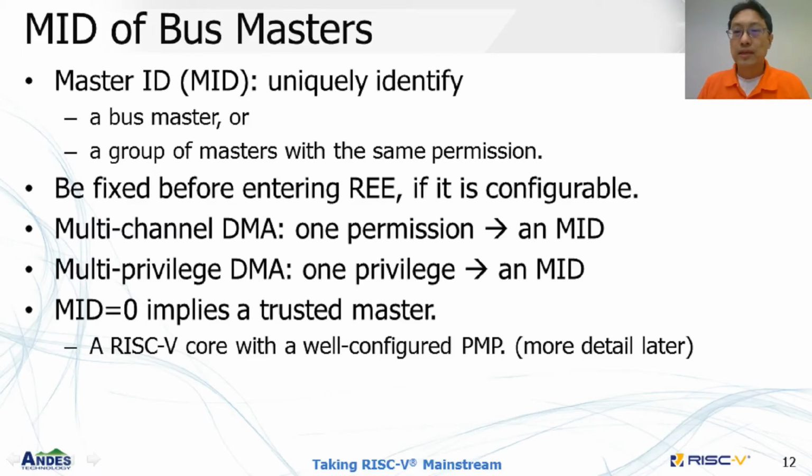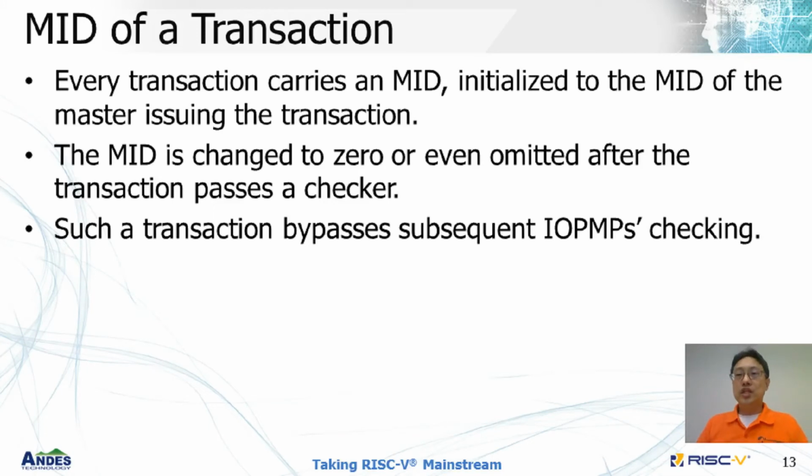Besides, we use a zero MID to represent a trusted master. If a RISC-V hart has a well-configured PMP at the right moment, all transactions from it will be checked by its PMP properly, and then we trust it. While a transaction is issued from a master, the transaction carries the MID of its issuer in the beginning.